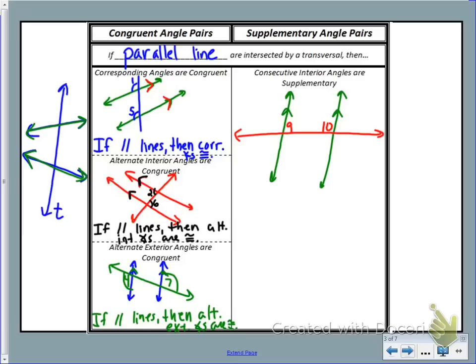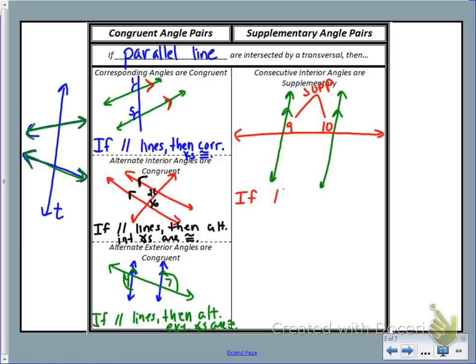This is the one unique angle relationship that will not be congruent if the lines are parallel. These are actually different measures. They're supplementary. The only time they'll be congruent is if they're supplementary and congruent, then they would be 90 degrees, but that's one unique situation. So we don't know that consecutive interior angles are congruent. We do, however, know that they're supplementary.